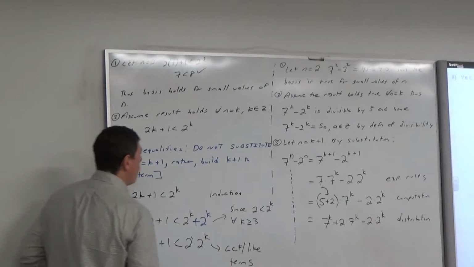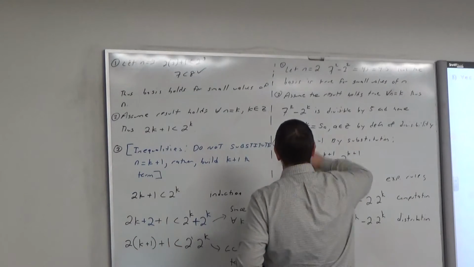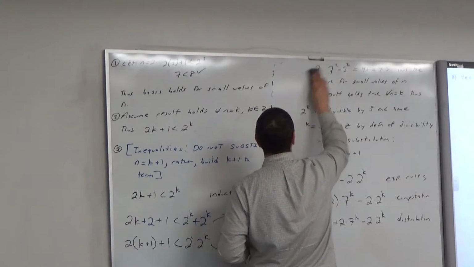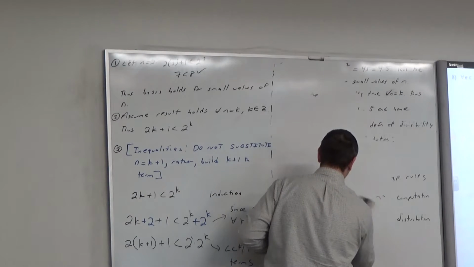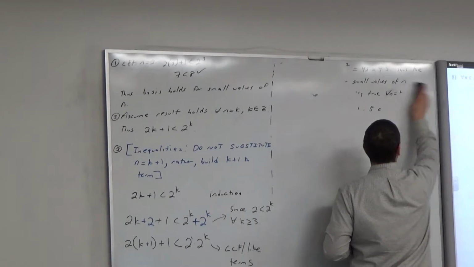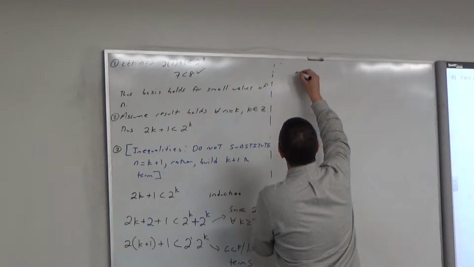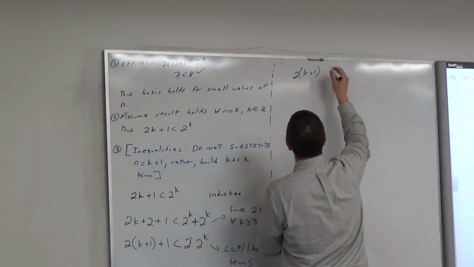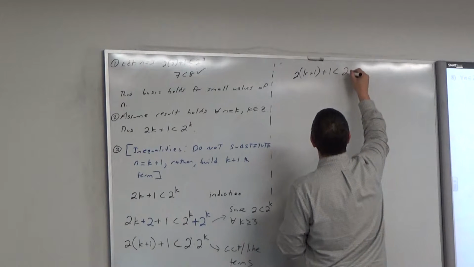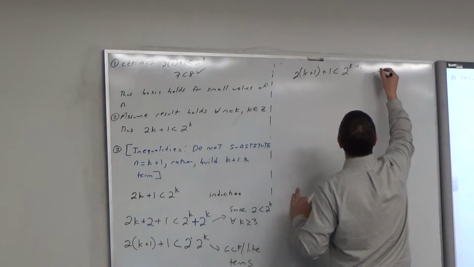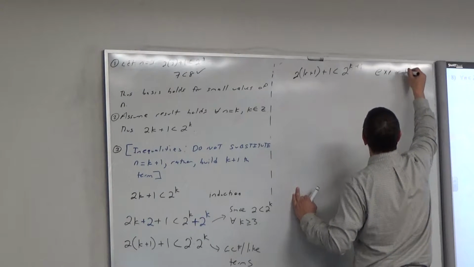Okay, so I'm going to do that. So this now becomes 2 quantity k plus 1 less than 2 to the k plus 1. That's just by exponent rules.